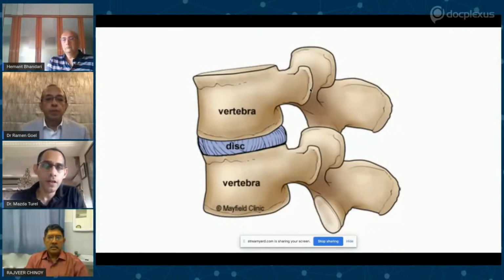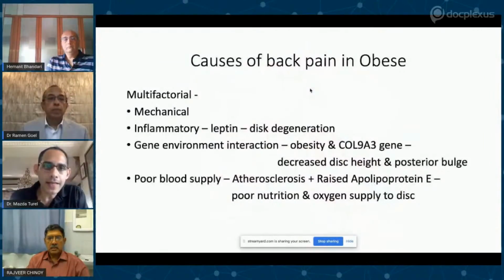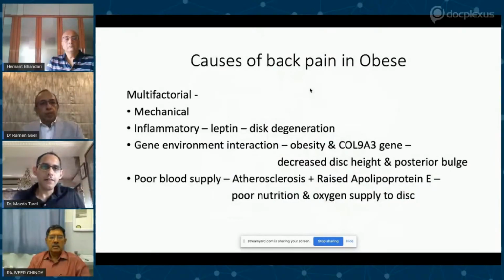The thing about obesity is it's not only bone related. 90% of spine pain is musculoskeletal. Very little spine pain is actually nervous or neurological spine pain.